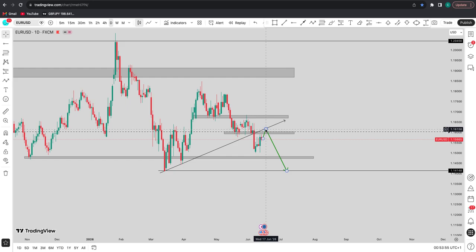The market also has every right to come back into this level to retest, but when the market taps into this level, I'll start looking for selling opportunities in the market. So for Euro USD, bearish on this pair. I'm not looking to take any buys. This is a bearish market structure on the daily time frame.